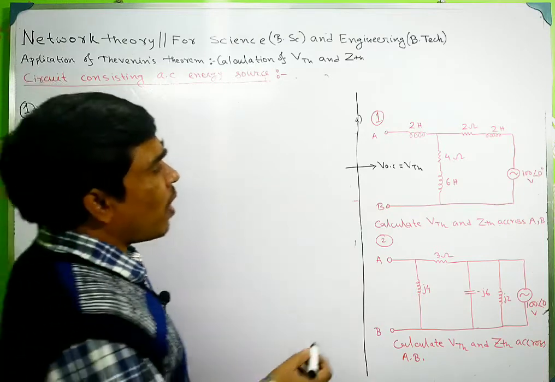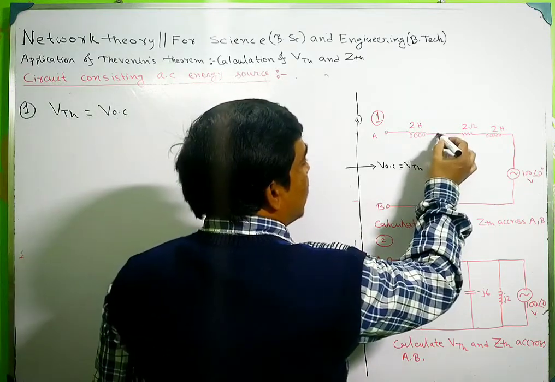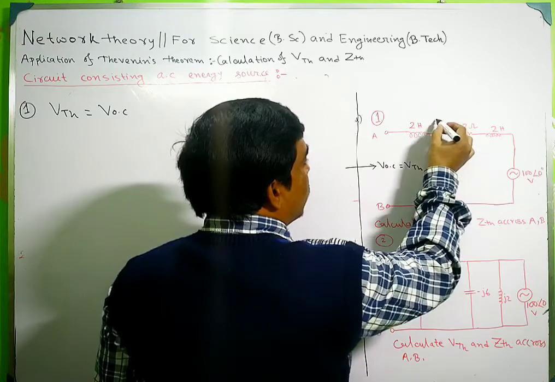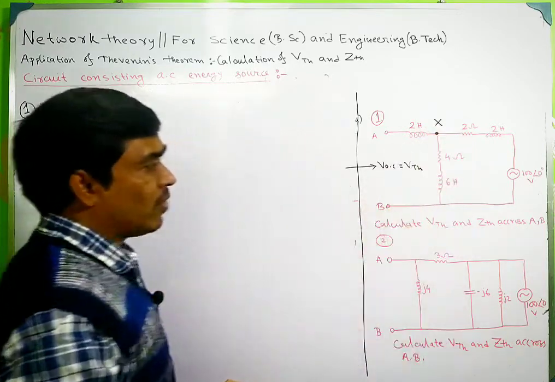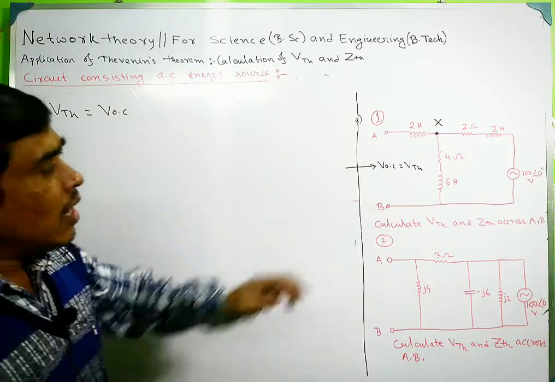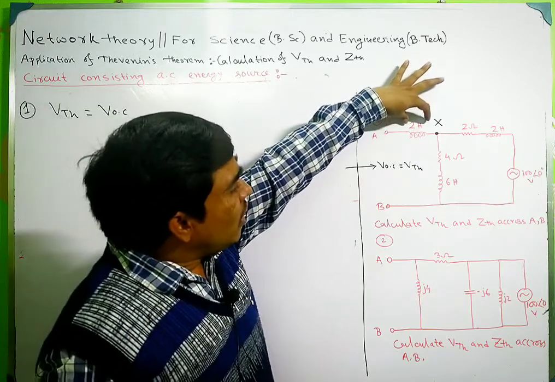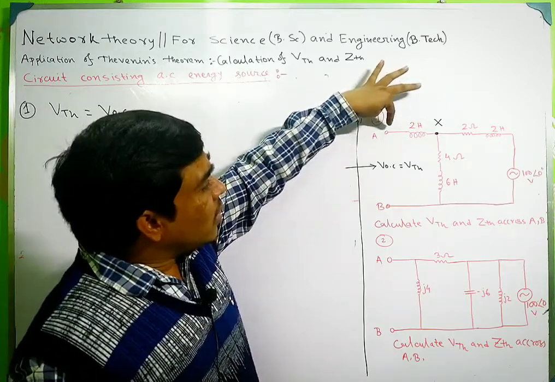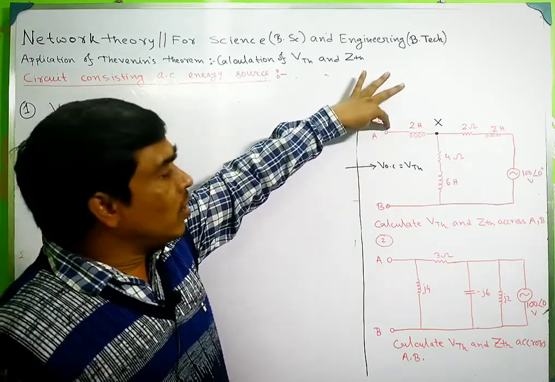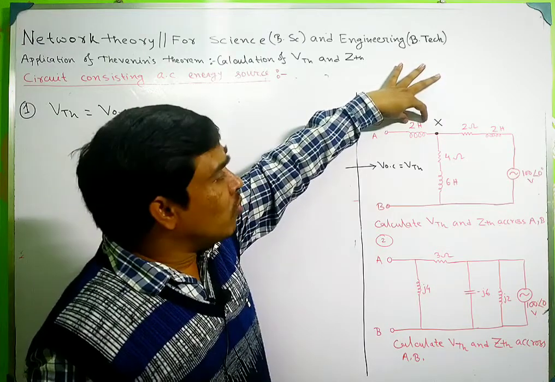Now, this is one node, suppose this node is x. Now this inductor is connected to an open circuit node. This is the open circuit node. So the current through this inductor will be 0.